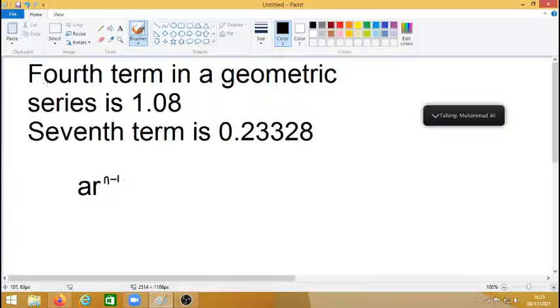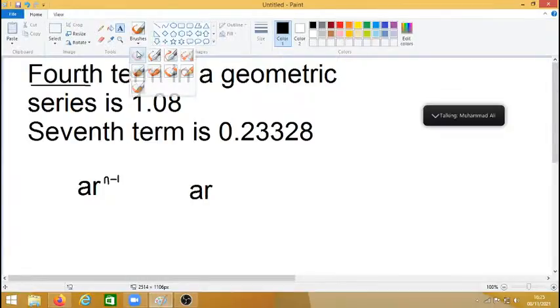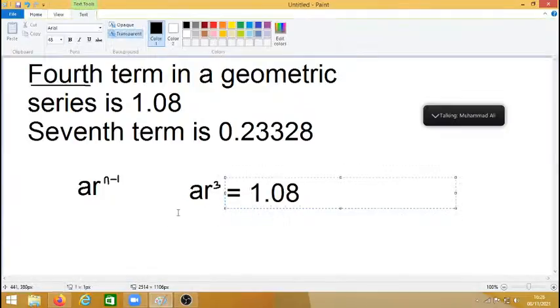We're looking at the fourth term, so n is 4. We don't know what a is, and we don't know what r is. So all we can say is that a times r to the power of 3, because 4 take away 1, is equal to 1.08.